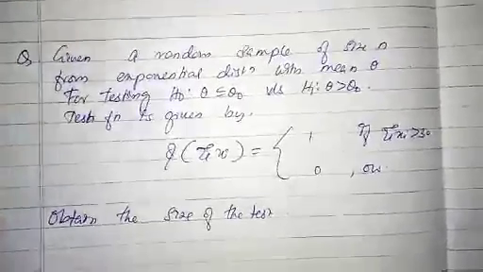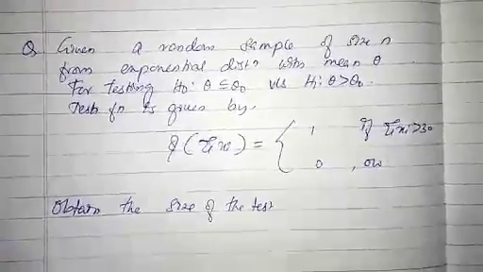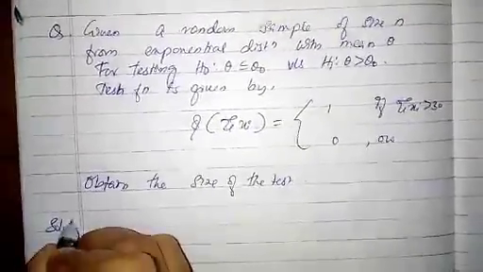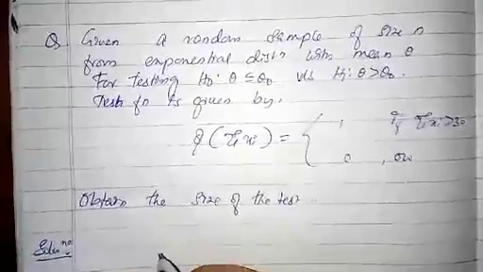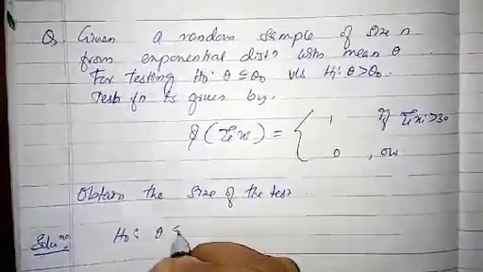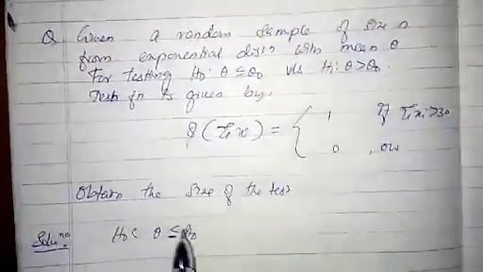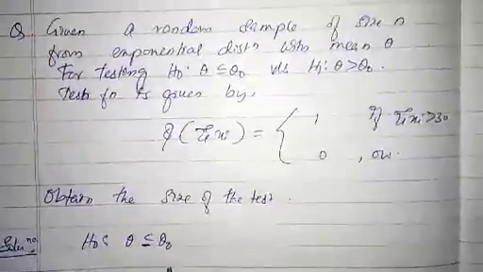So we have to find the size of the test, right? First, what is H naught? H naught is theta less than or equal to theta naught. Similarly, we have to find beta of theta and also beta dash of theta.